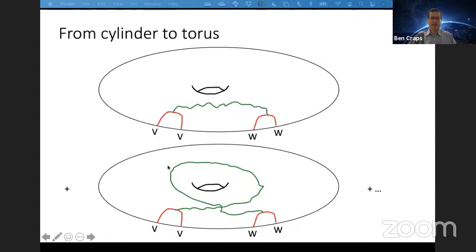And you can wind around this circle direction of the torus arbitrarily many times in either direction. So there will be a sum over some integer that will come in.